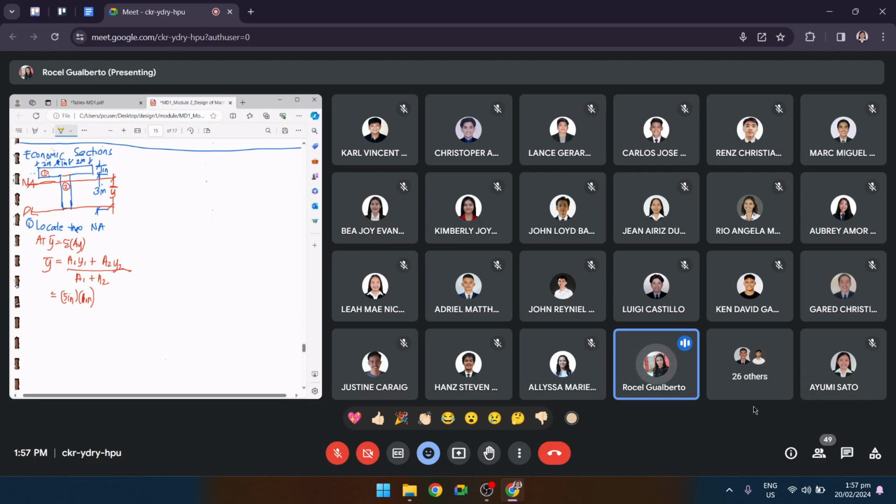So this is your section 1. It has its own neutral axis, so nandun po sa gitna niya. It is in the middle of your section 1. So we call it NA1, meaning that's the neutral axis of part 1 only.